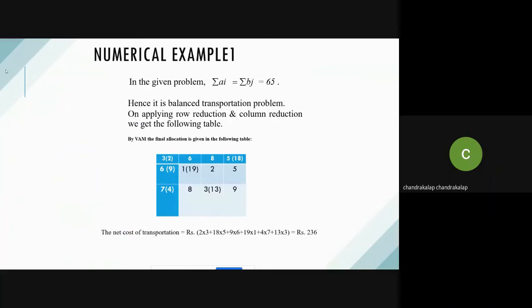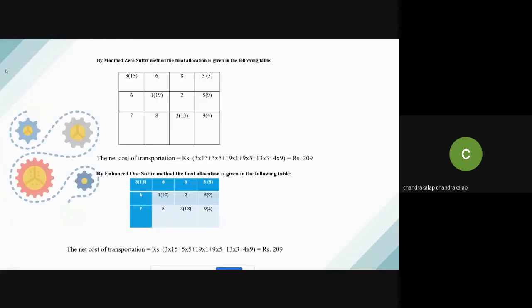This is a balanced transportation problem. When we apply the VAM method, we get the transportation cost as 236. If we apply the zero suffix method, we get 209 rupees for the total transportation cost. If we apply our method, the enhanced one suffix method, we get 209 rupees total transportation cost.